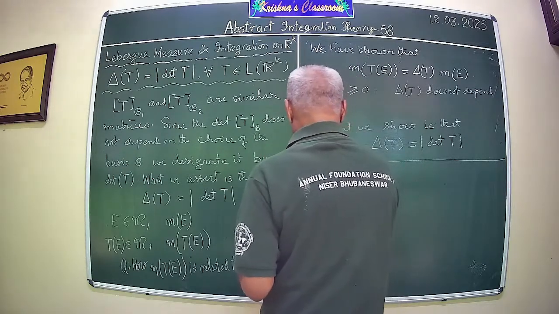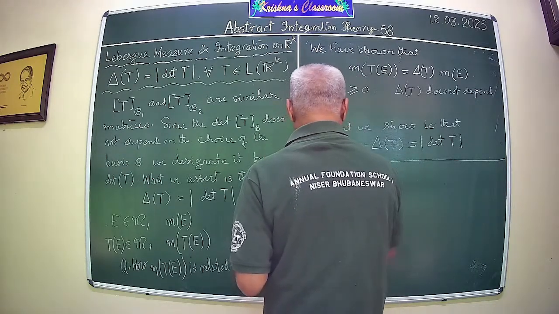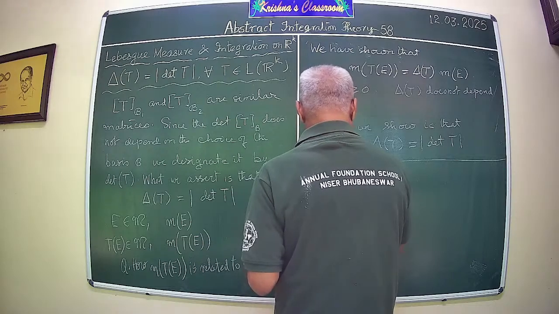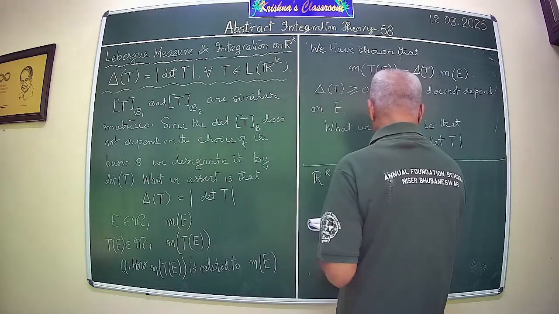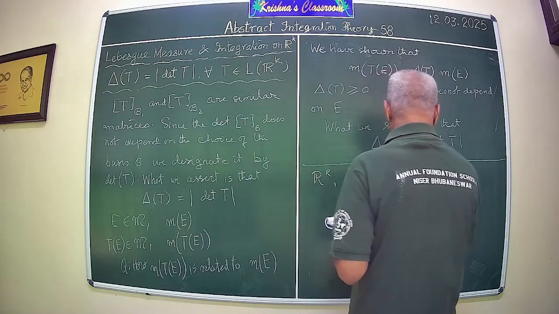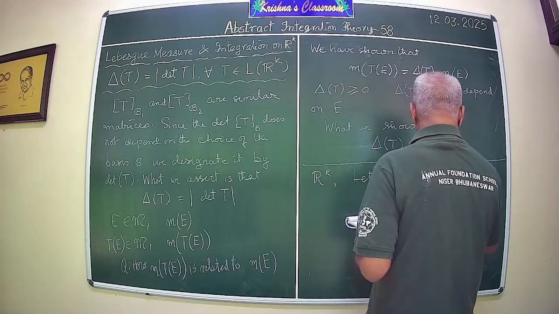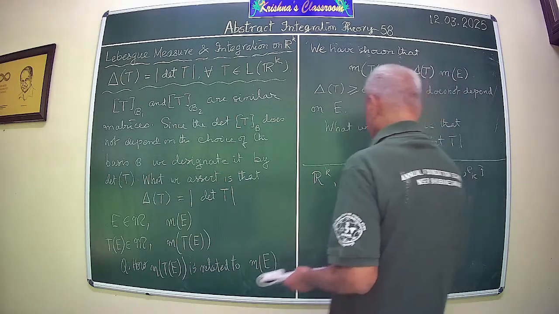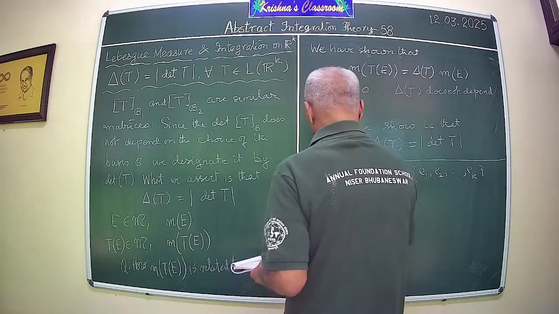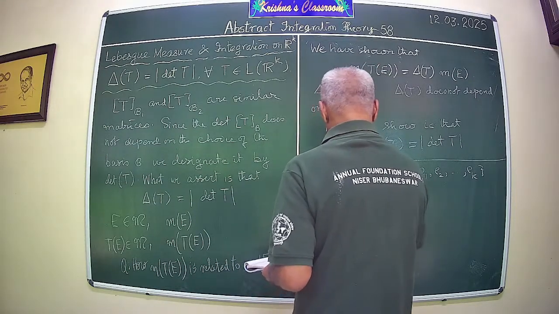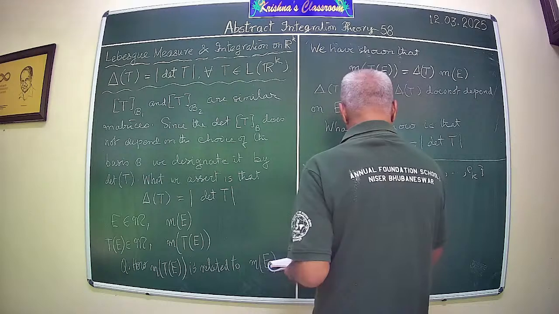Now you take R^k. Let e_1, ..., e_k be the standard basis.